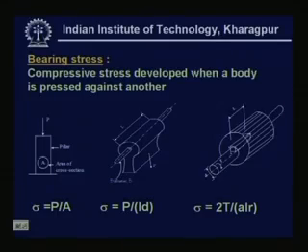Apart from the stresses we discussed in the last two classes, there are also two other categories of stresses. One is called bearing stress. This stress is defined as the compressive stress developed when a body is pressed against another. Here we have seen three examples.